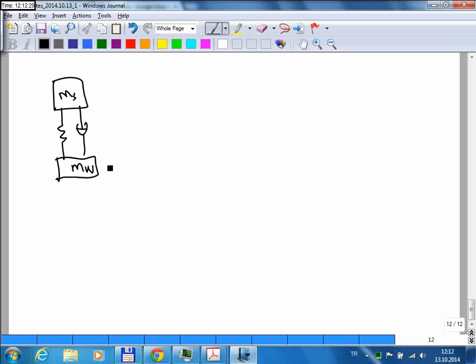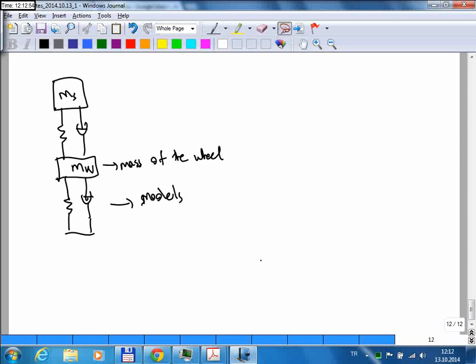So this is the mass of the wheel, and then you add another set of spring and damper, and these are used to model the stiffness and damping of the tire.